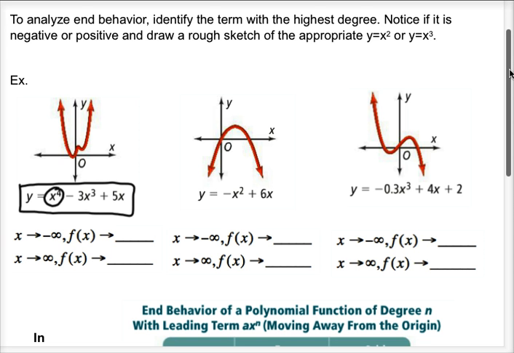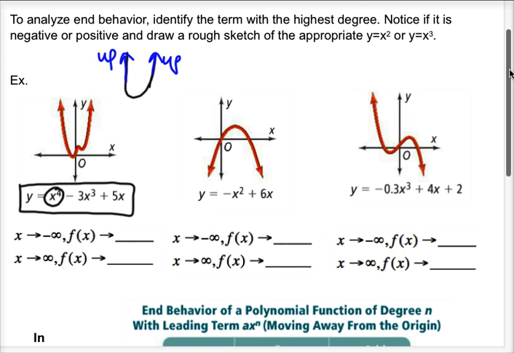So that means if I'm drawing my rough sketch, that's all I mean by a rough sketch, okay? Understand that a positive x squared function is going to look like that parabolic shape facing upward. And what is that telling us? Well, it's telling us the end behavior of up and up.